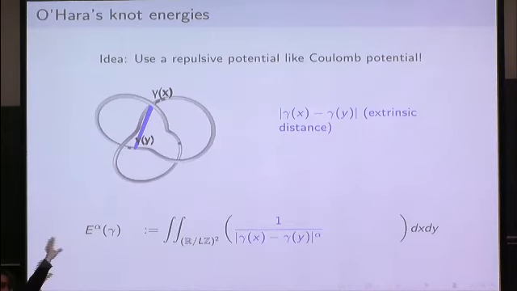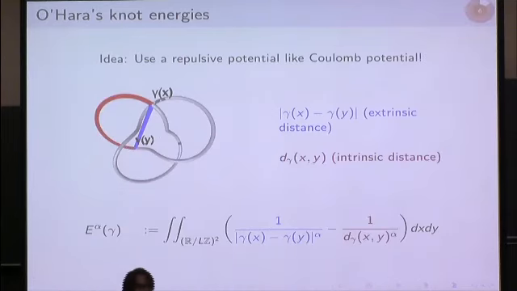So we start with a given curve, we look at 2 points, and we make this ansatz: take the double integral over 1 over the Euclidean distance to some power. O'Hara did that, and he wasn't convinced that this is going to work, because for the exponents we are going to use, this is going to be infinite.